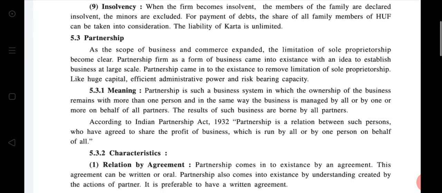When a firm becomes insolvent, the members of the family are declared insolvent, and the minors are excluded. Please underline that minors are excluded. And for the payment of debt, the shares of all the family members of HUF can be taken into consideration, and the liability of Karta is unlimited.